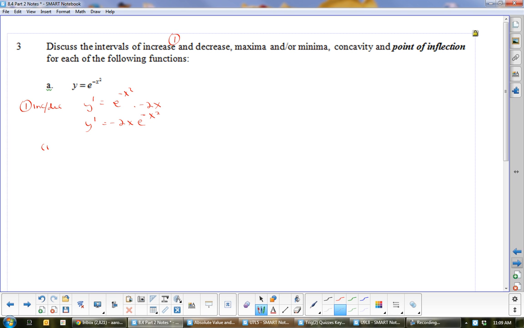Okay, so we got a critical value where this equals 0, when x equals 0. Nothing applies to this one. No exponent ever makes anything equal 0, but this obviously would.